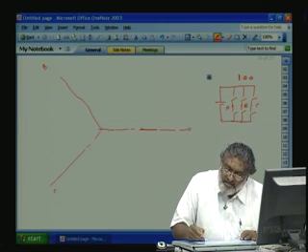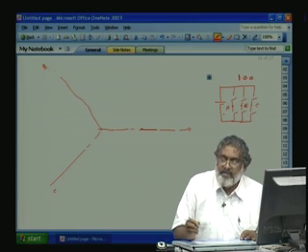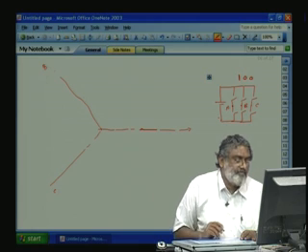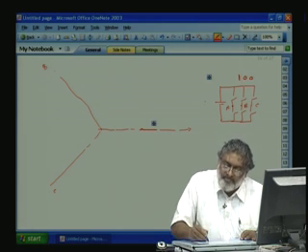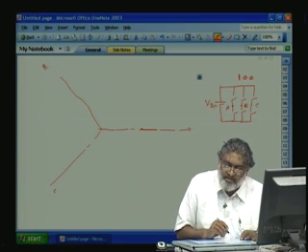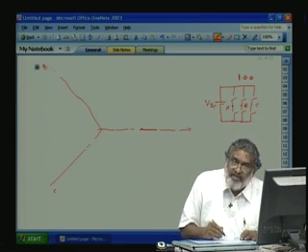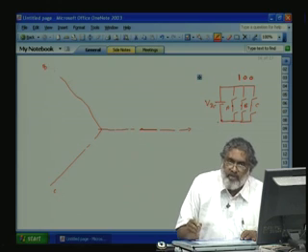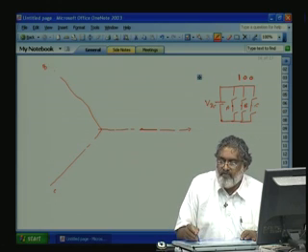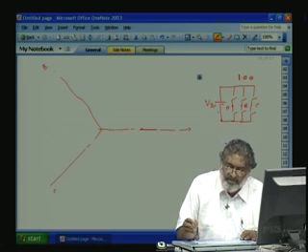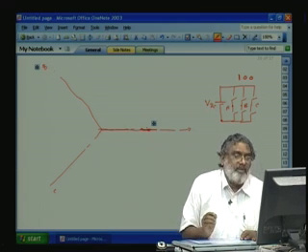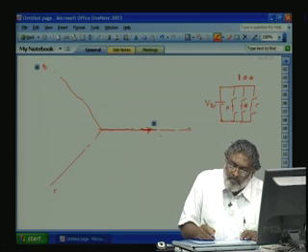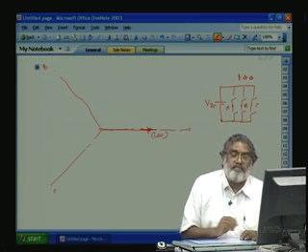Let us measure the pole voltages with respect to the bottom rail. A is positive, so this is VDC, B and C are 0. So the vector will be here, this is the vector for 1, 0, 0.